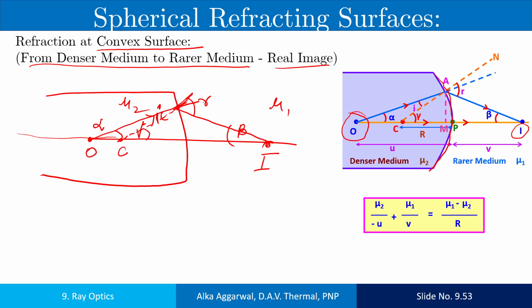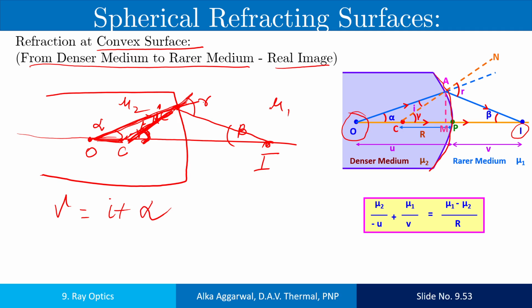First we derive the relationship between I, alpha and gamma. It is the angle of incidence. So in this triangle, which angle is the exterior angle? Gamma is an exterior angle, so gamma is equal to I plus alpha.